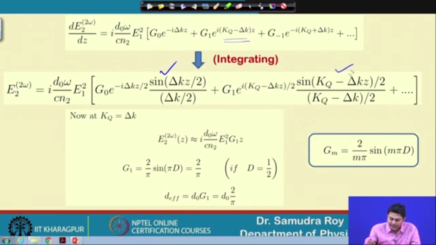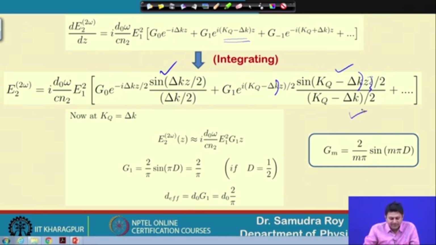So, we will again have sine of these things, and then okay, here we have a mistake, it should be kq, this z will be outside. So, here also this will be outside, kq minus delta k multiplied by z. So, we will have a sine term also here and so on.